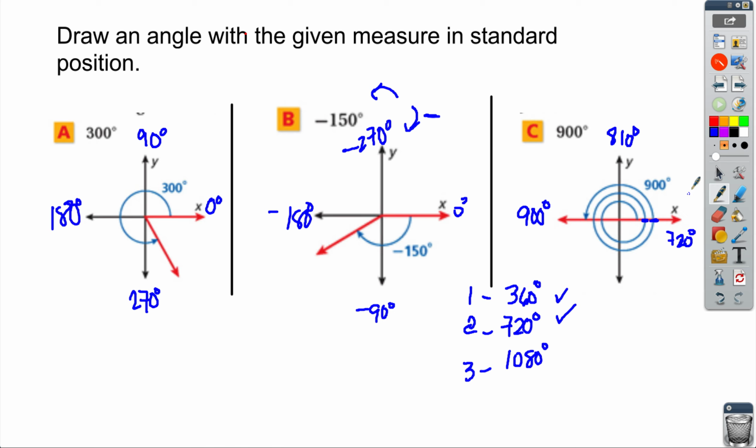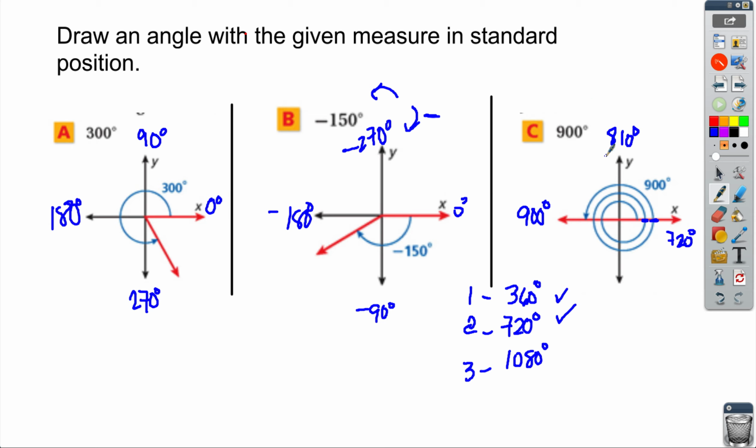Luckily, it's an exact measure. So from 720, I actually just need to add 180 degrees to complete my 900-degree rotation. Notice how from 720, the remaining measure ends up on here. Then we draw the terminal side, and this illustration right here best represents the rotation for a 900-degree angle.